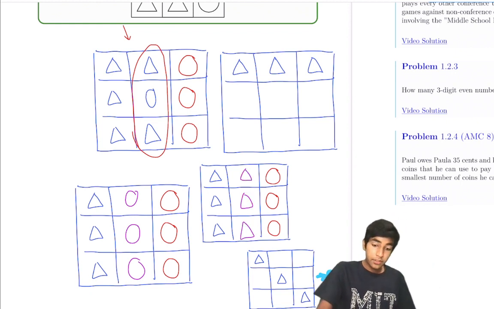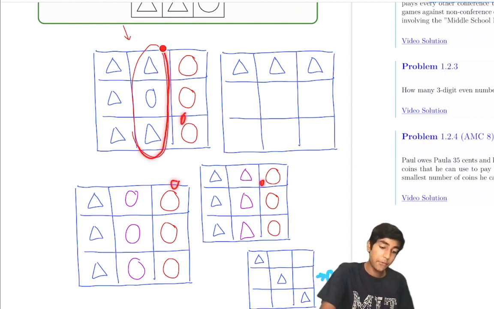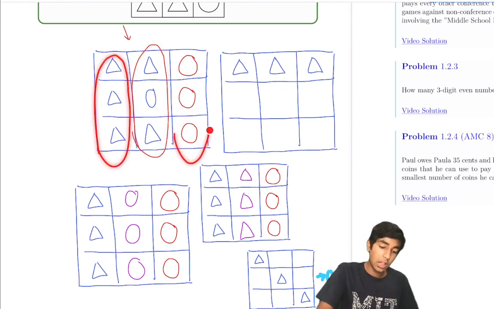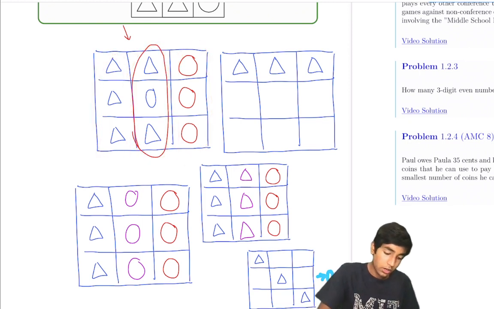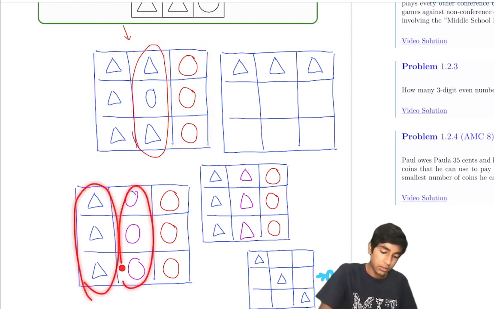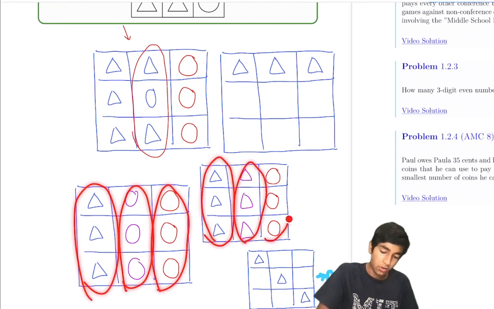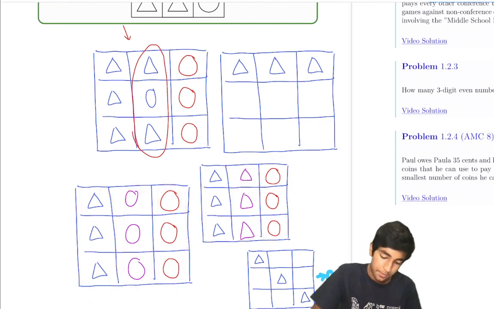So all of these 3 things are possibilities. You have something random in the middle, or you got one column of triangles, 1 column of circles, and 1 column of something random, or 1 column of triangles and 2 columns of circles, or 2 columns of triangles and 1 column of circles.